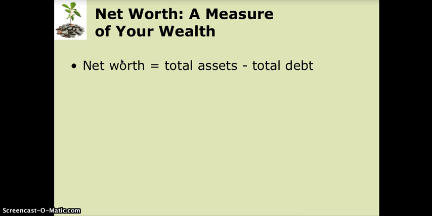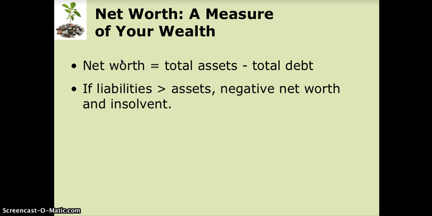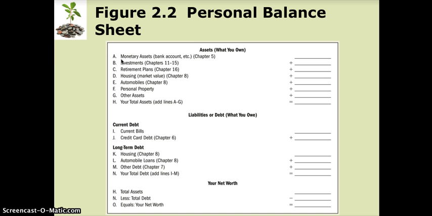Again, how do we calculate net worth? Well, you take your total assets and subtract your total debt or liabilities, and that is what your net worth is. It's important when you're evaluating assets, like, for example, an automobile. If you own a 1996 Nissan Sentra and you put over here in this column for automobile $49,000, which you can do, there's nothing that's going to stop you from doing that.